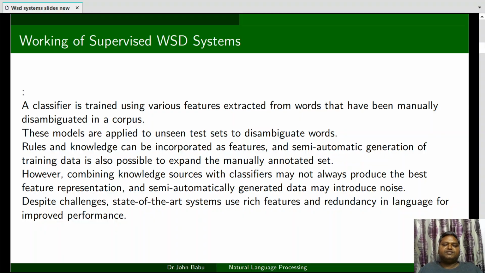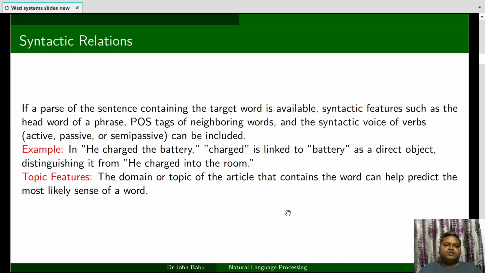And while we select the features, we can also select based on the rules and knowledge. When we talk about the features, we have to understand the syntactical relations that will play a role in word sense disambiguation. For example, you have a sentence, he charged the battery.